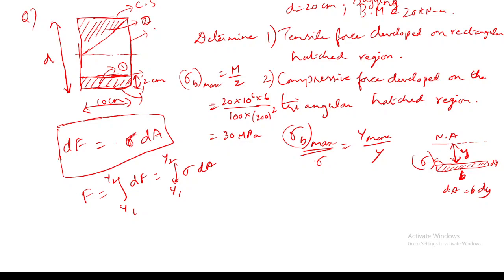So from this, what value of y should I put, and what would be the value of y max? Sigma is equal to sigma b max, which is 30, into y by y max. At this point I need the sigma value, and then I can write the integration from 8 to 10.